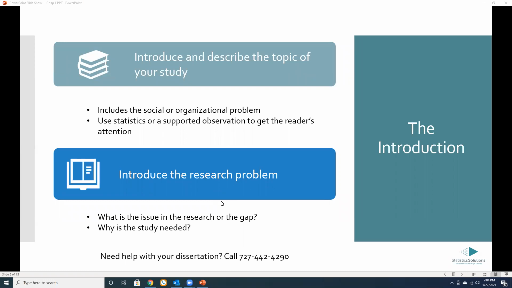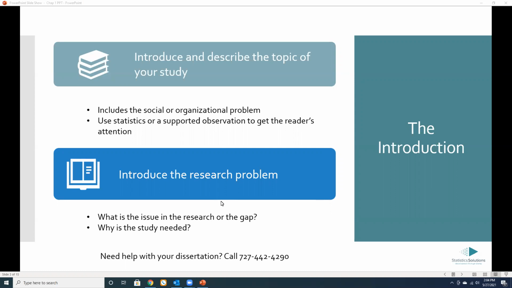Then the second part is there's likely been research done on this topic or this problem. So you want to, in quick terms, again, this is the introduction. You're going to go into all this more in depth as the chapter goes on, but talk about the research problem, right? So there has been research on this topic, on this problem, and just recap kind of quickly what we know, right, from that research.